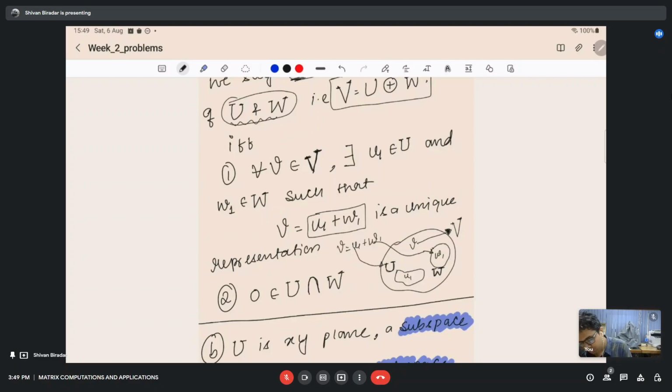Another important property is that zero must belong to the intersection of these two subspaces, which means that there is a small intersection.